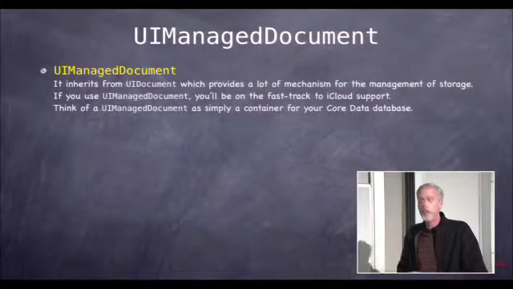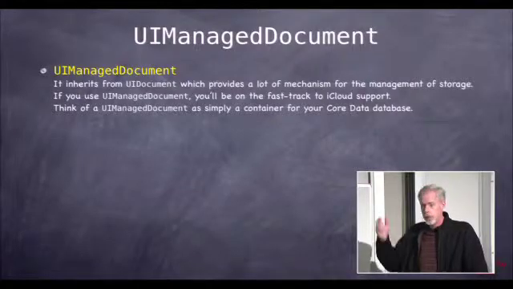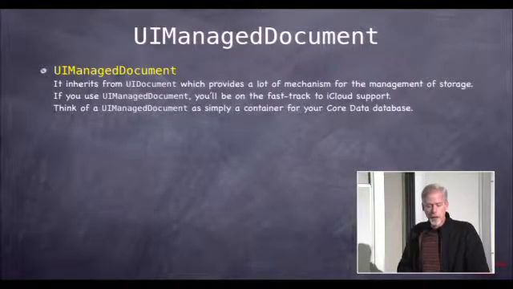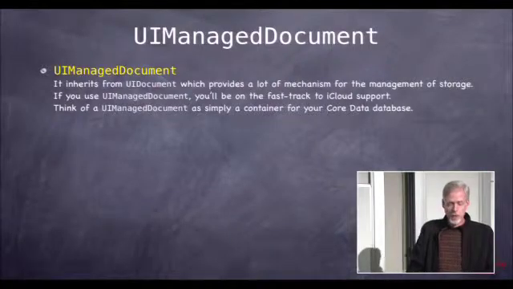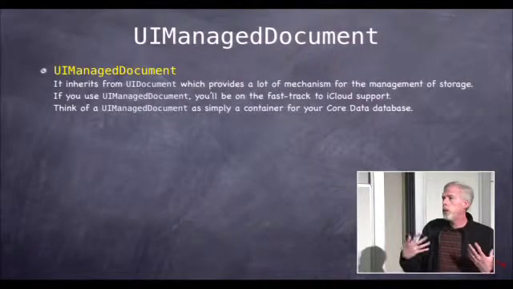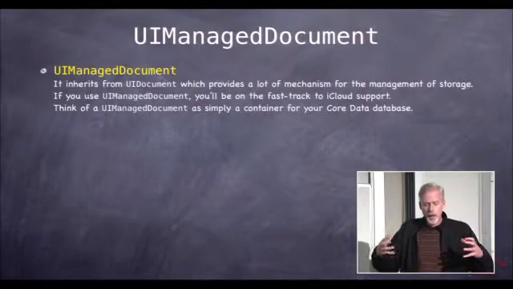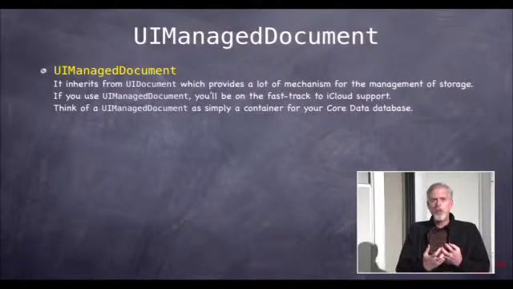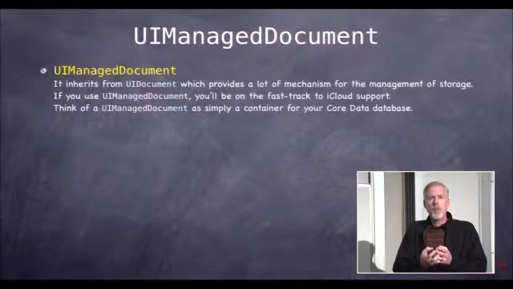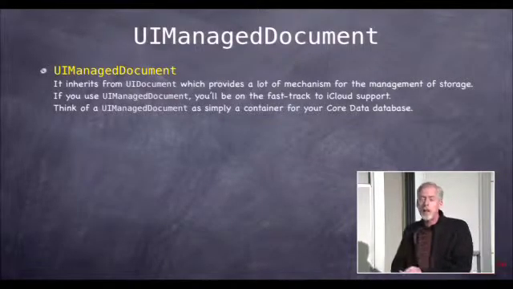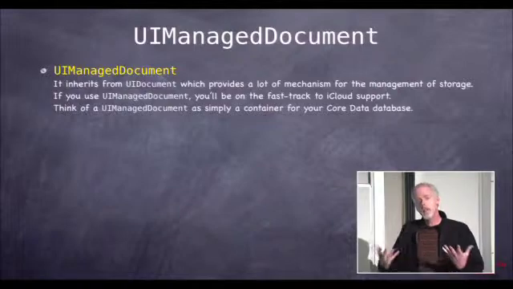It does a lot of the mechanism for pushing things up to the cloud and pulling them back down, which we'll hopefully be talking about in a lecture, maybe even next week. But really, you want to think about UIManagedDocument as a container to hold your core data database. And that container provides a little bit of functionality so you can save your database, open up your database, things like that.